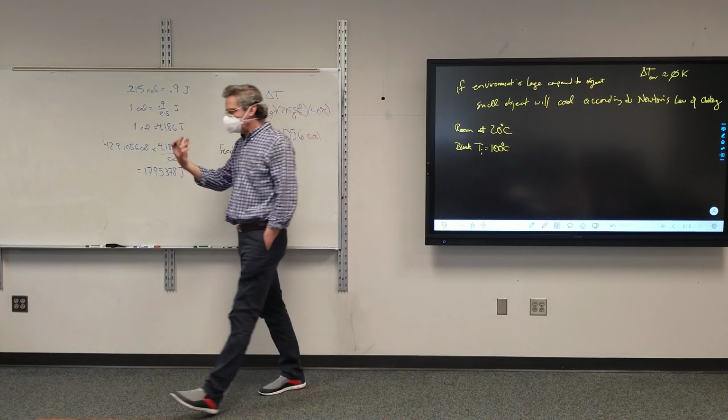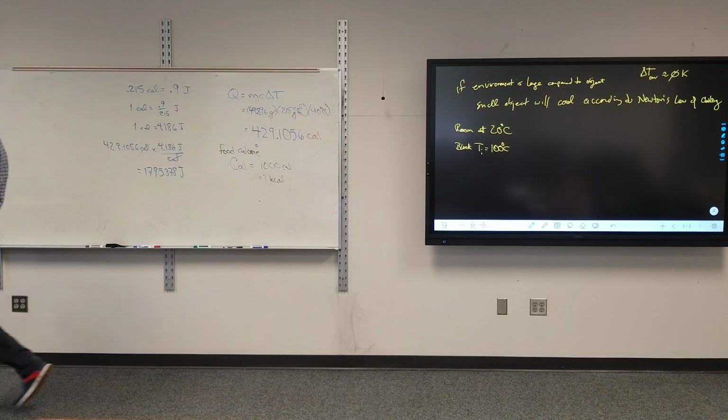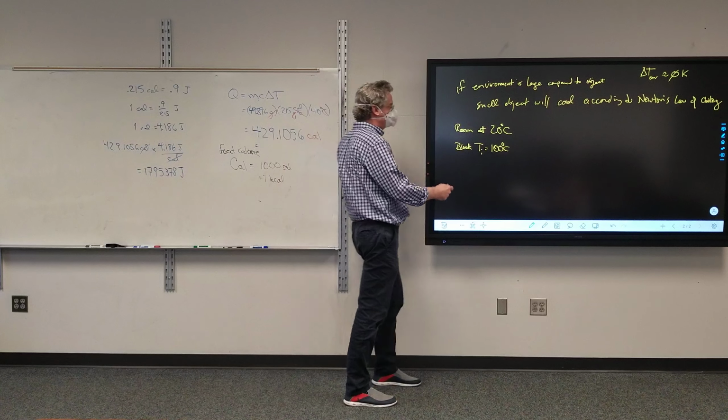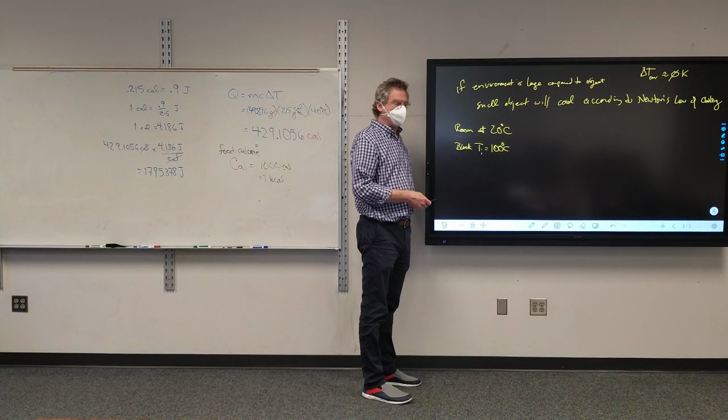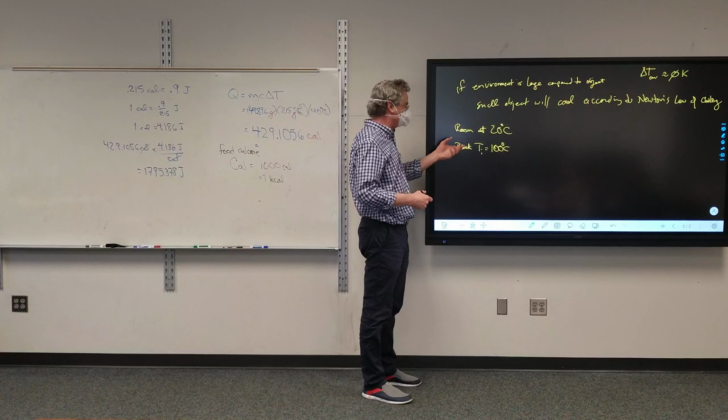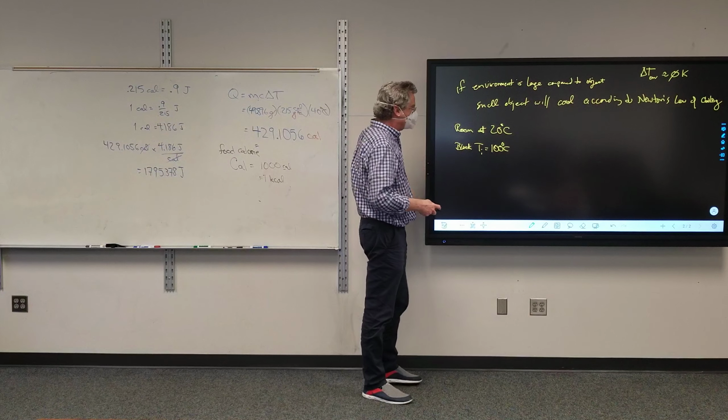We had it sitting in boiling water for quite a time. We pull it out, we put it in the room. It will start to cool off. The room basically pulls energy out of it, or the block transfers energy out of it.